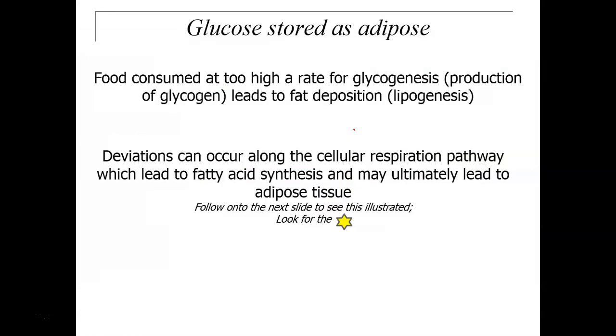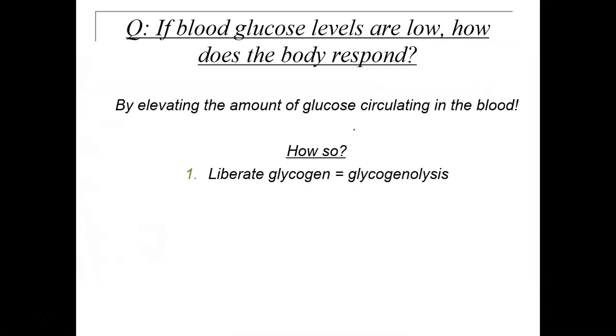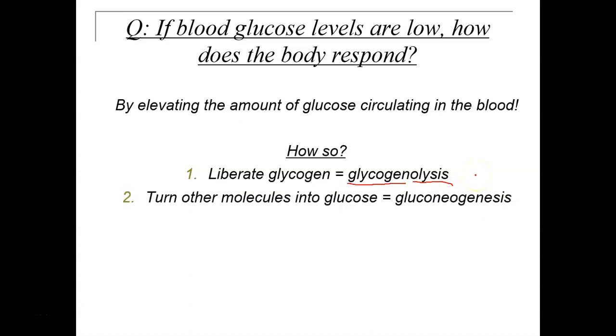Those are two hormones which can do that, and they do. So we can liberate glycogen. That's something called glycogenolysis. Glycogen, lysis, the breakdown of glycogen. Cool. Then gluconeogenesis: turning molecules into glucose. Gluco, neo, new, genesis, generation, so the generation of new glucose.